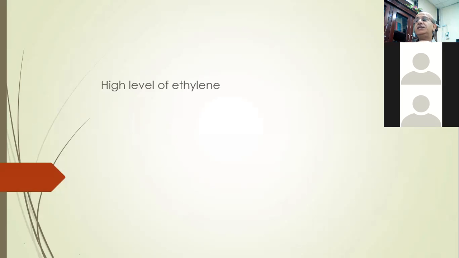But when its concentration increases, instead of promoting plant growth, it inhibits plant growth. A high concentration of ethylene has an inhibitory effect on plant growth.